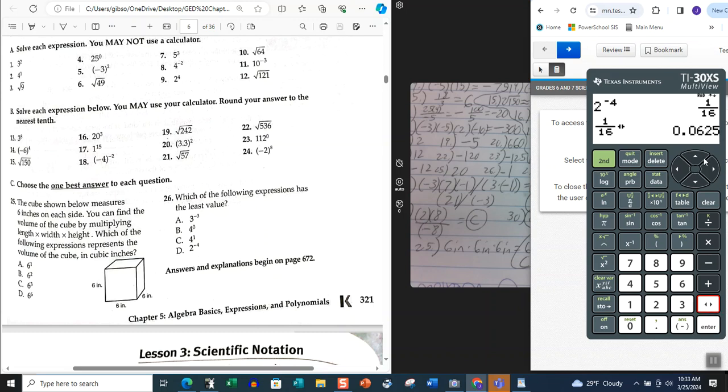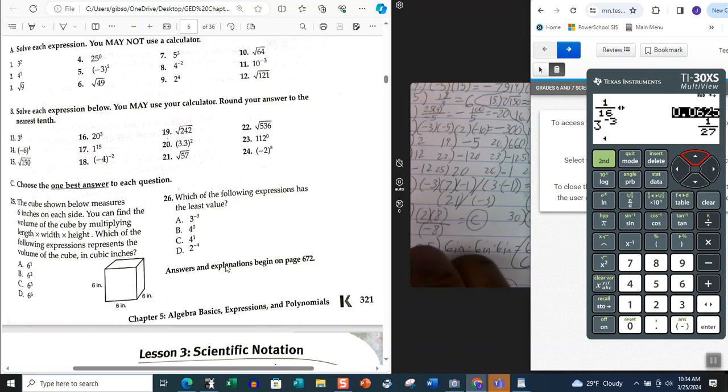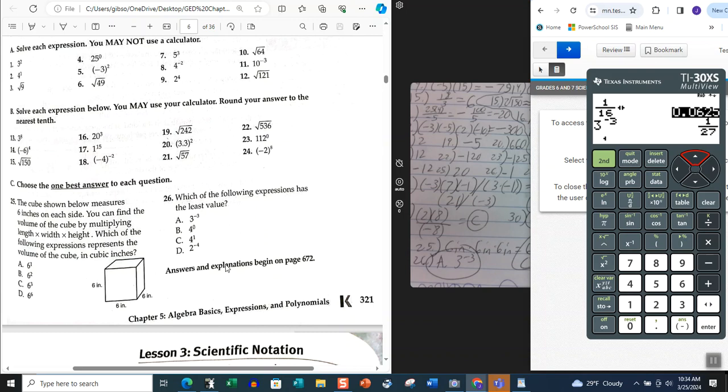We could press the toggle button, and it's 0.0625. Now, the other one's 0.03. Let me just do that again. 3 to the negative 3. Press enter, then the toggle button. So this is 0.03, and this went up to 0.06. So we know that 3 to the negative 3 is the lower amount. So 26 is A, which is 3 to the negative 3. That has the least value.